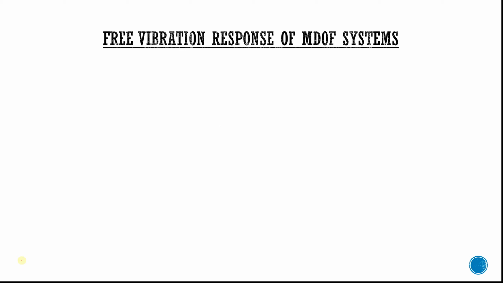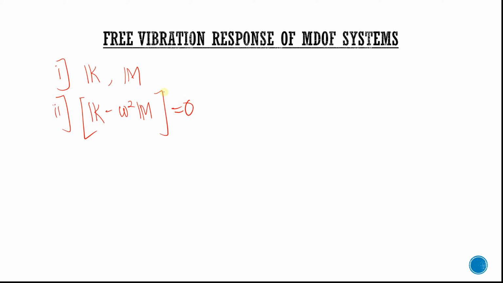To sum up, let's just remember those stuff. First is get the stiffness matrix and the mass matrix. Afterwards, you get this one: the stiffness matrix minus omega squared times the mass matrix. And then you calculate the unknowns by getting the determinant of the matrix.